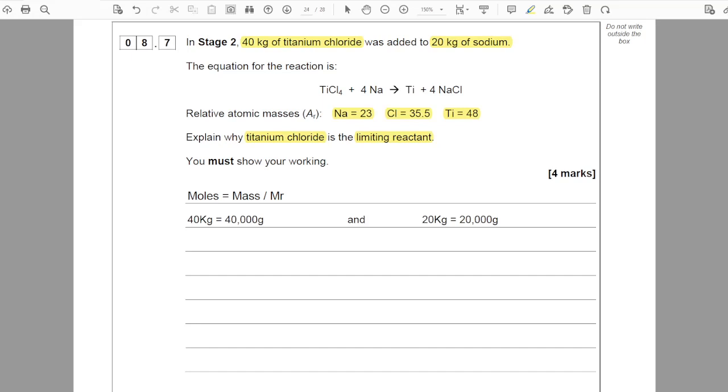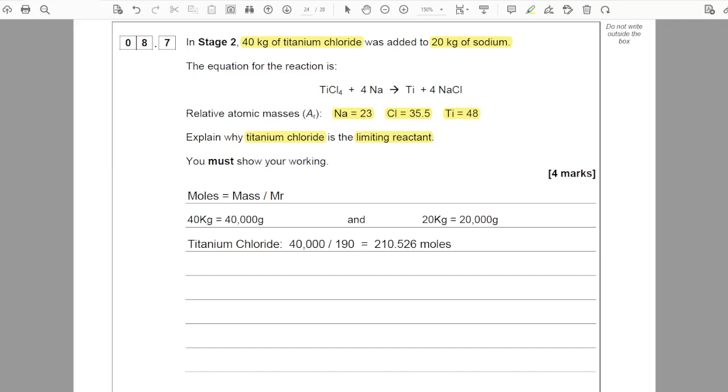So we have 40,000 grams of titanium chloride, and the relative mass of titanium chloride is 190. And now we put these two numbers in the equation, and so we have 210.526 moles of titanium chloride.